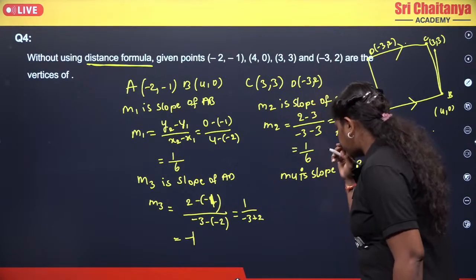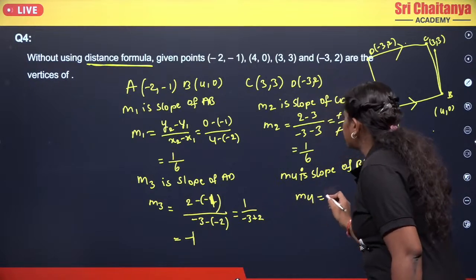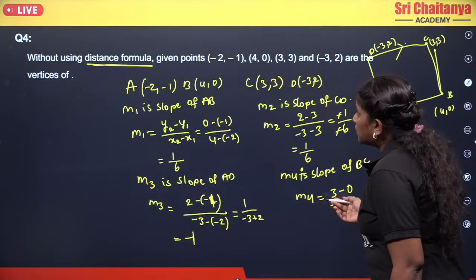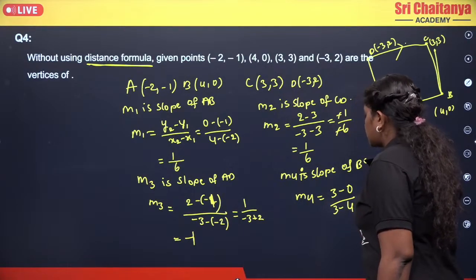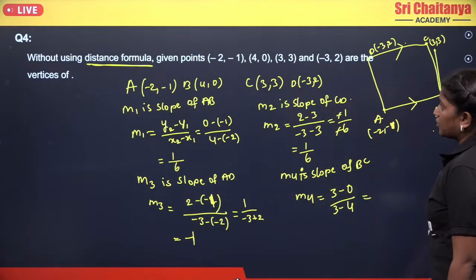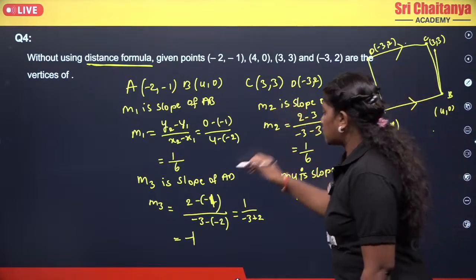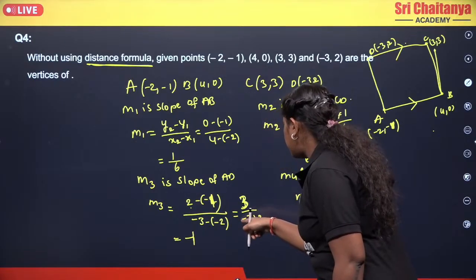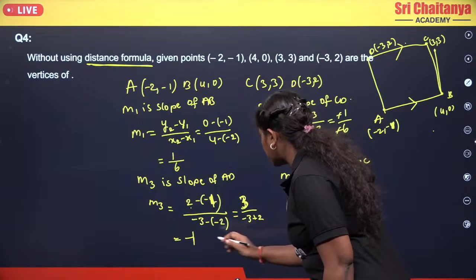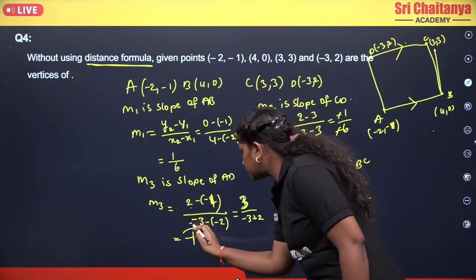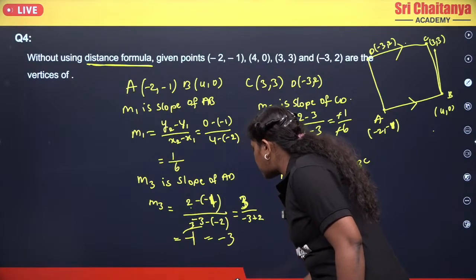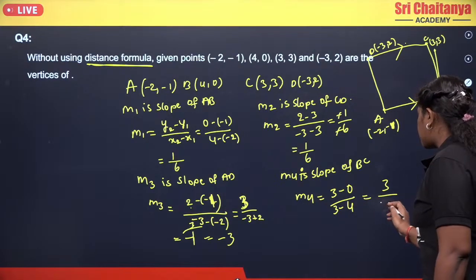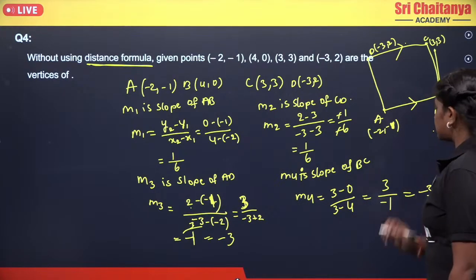So now M4 equals 3 minus 0 by 3 minus 4, which is nothing but minus 1 in the denominator. Coming to here, 3 minus 0 is 3, by 3 minus 4, which is nothing but minus 1, so we got minus 3.